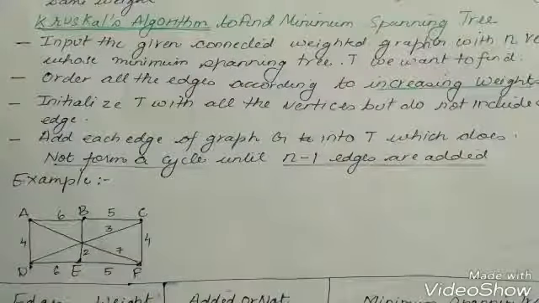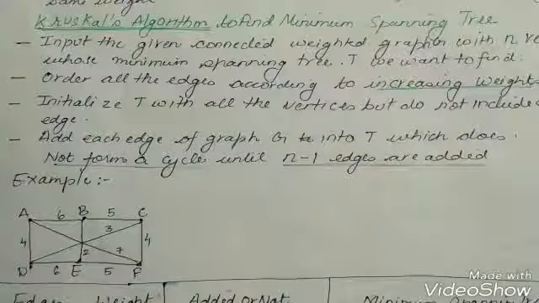The last condition is that only n minus 1 edges can be included. Here we can see that 6 nodes are given, so in Prim's algorithm we have n minus 1 edges, that is equal to 5.